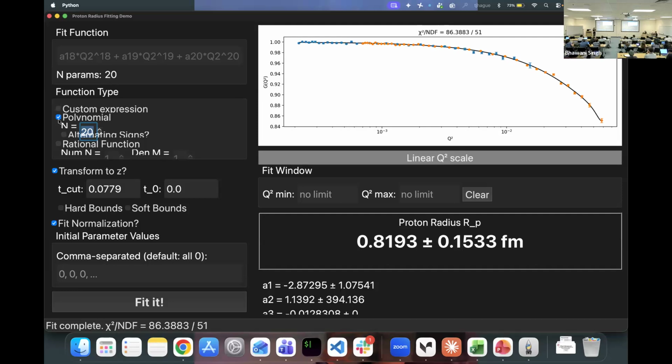And mathematically, you can show that while we don't have the exact functional form of GE, when you do that transformation, the exact GE can be exactly represented as a polynomial in Z space.